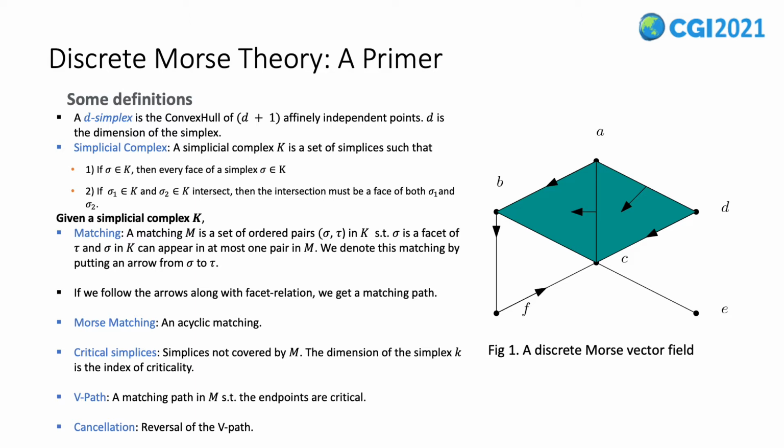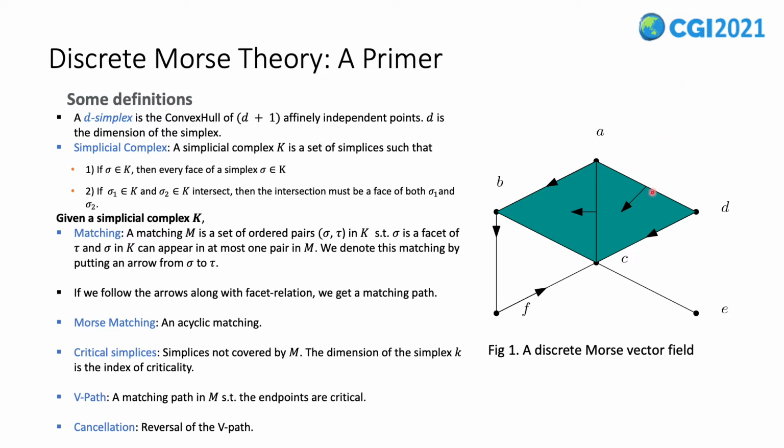Now, given a simplicial complex K, we can define a matching. A matching M is a set of ordered pairs (sigma, tau) in K such that sigma is a facet of tau, and each simplex in K can appear in at most one pair in M. We denote this matching by putting an arrow from sigma to tau.